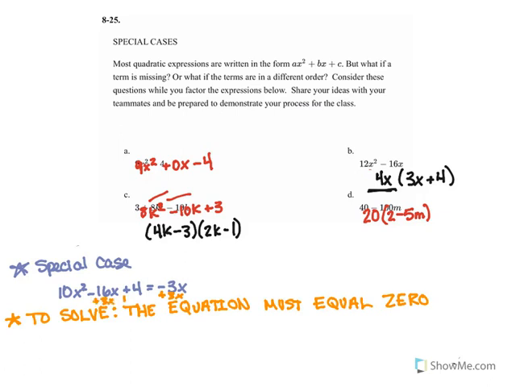Whoops. So then I'm going to have 10x squared minus 13x plus 4 equals 0. And you would solve that equation just like the other one. So now, solve. This is literally one of your quiz questions on one of those quizzes. So make sure you have this written down.